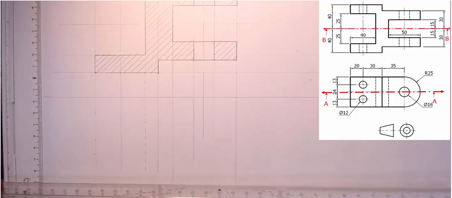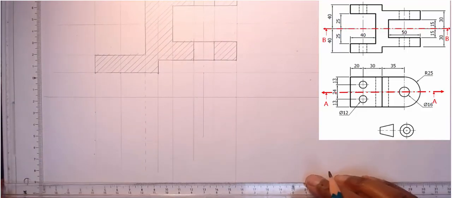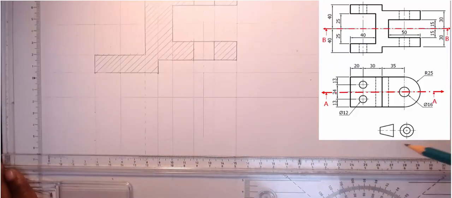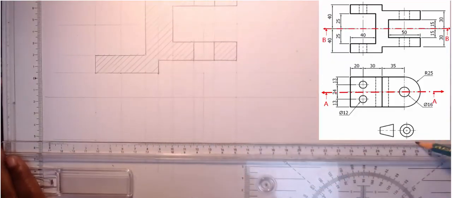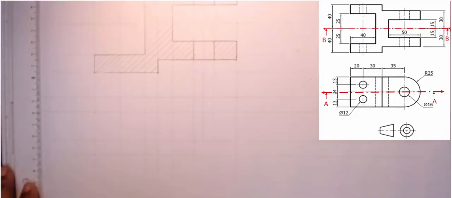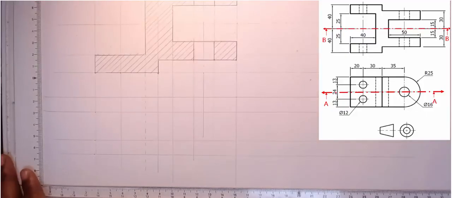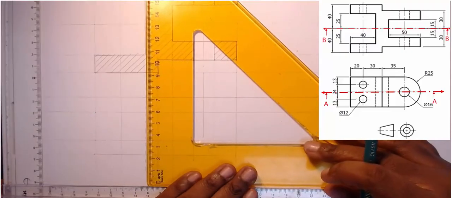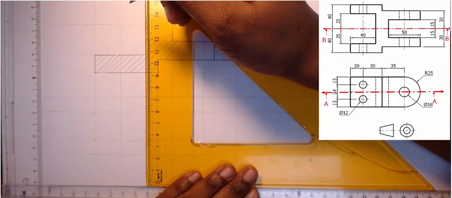Then I've got a base there. I've got a base here. I'm only using construction lines. And then I've got a base here. All right. Now, which lines are going to be sectioned? It's only where the dotted lines are.